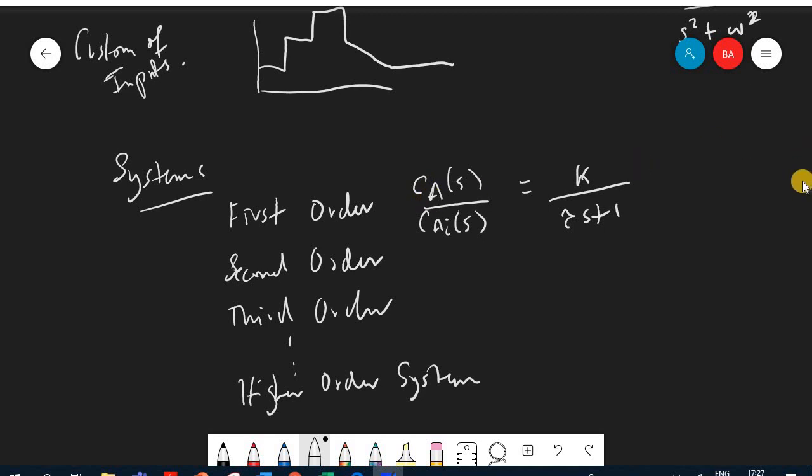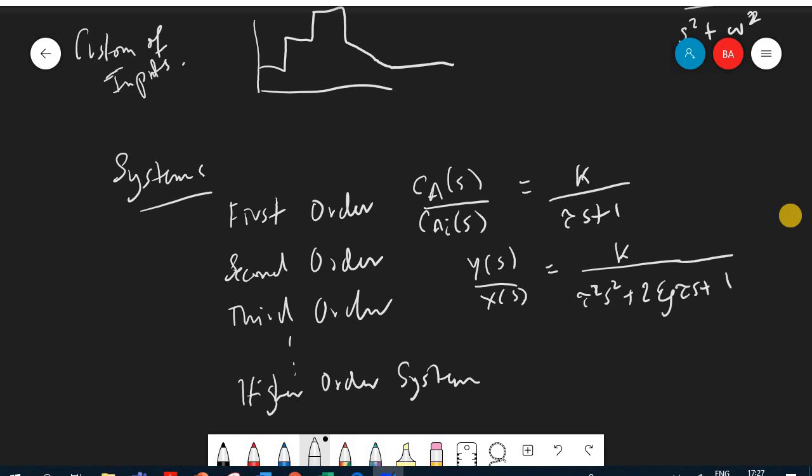We will also study the step input and the ramp input against the second order as well. Did we take second order? Not yet. But the transfer function of a second order will look something like that.